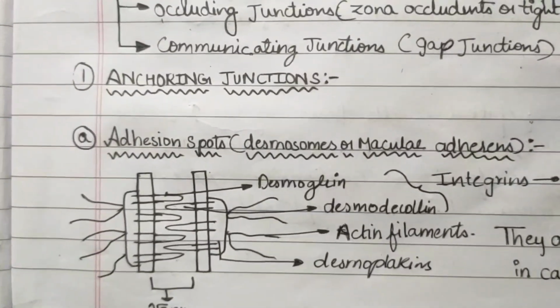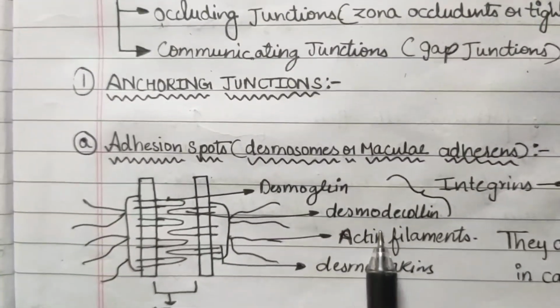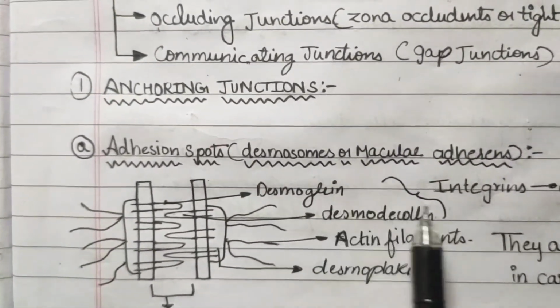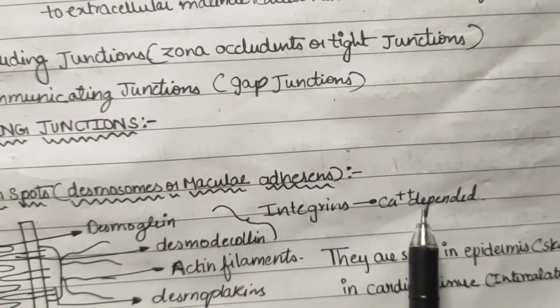The CAM is made up of desmoglein and desmocollin, which are calcium dependent.